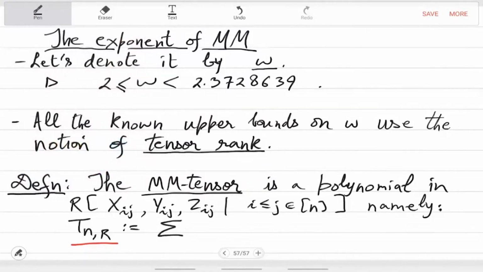The tensor polynomial for matrix multiplication is directly inspired from the definition of matrix multiplication. So it will look like sum of x_ik y_kj z_ij.